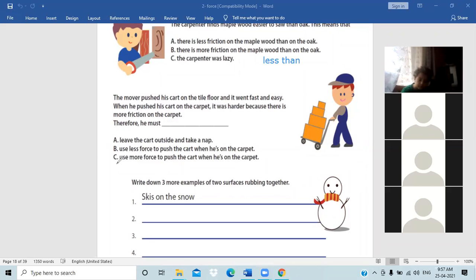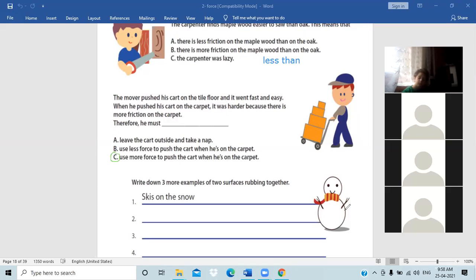Leave the cart outside and take a nap. Use less force to push the cart when he's on the carpet. Use more force to push the cart when he's on the carpet. C. Thank you, Omar.